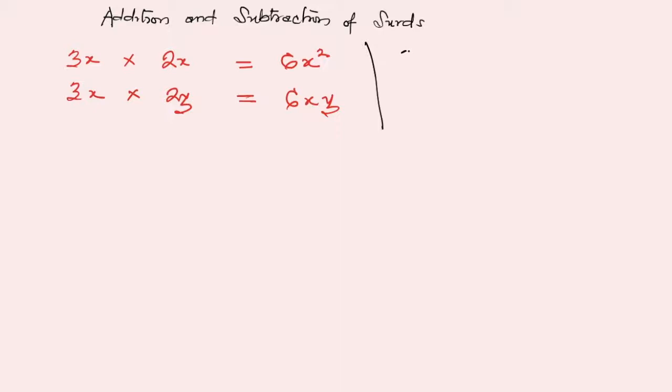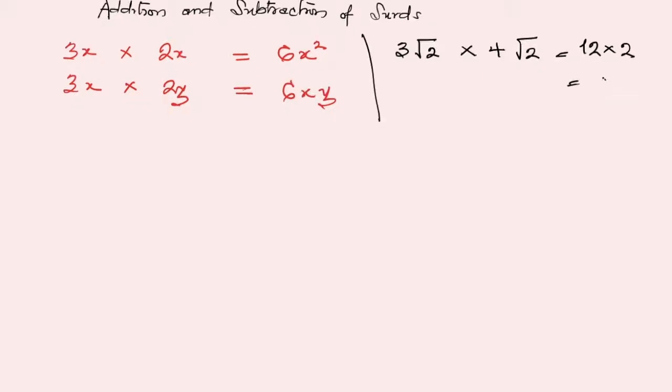In a case where we have 3 root 2 multiplied by 4 root 2, we multiply the numbers outside of the radical sign, which is 3 multiplied by 4 gives us 12, and then root 2 multiplied by root 2 gives us 2.